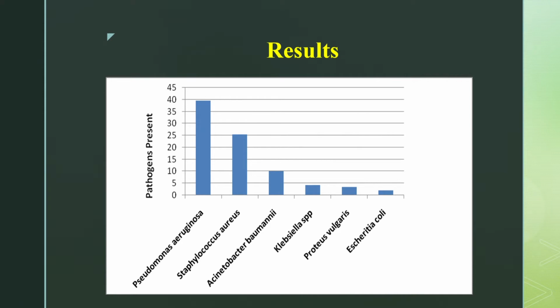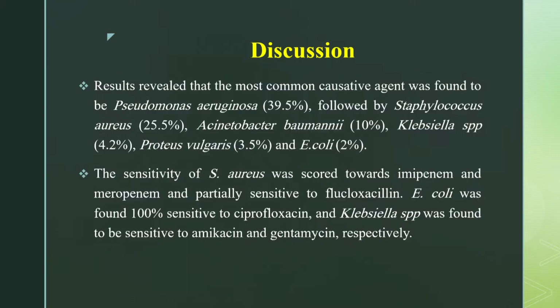Here we can see the most common pathogen present in the burn tissue is Pseudomonas aeruginosa, which represents 39.5%, followed by Staphylococcus aureus with 25.5%, then Acinetobacter pneumoniae at 10%, Klebsiella at 0.2%, then Proteus vulgaris 3.5%, and finally E. coli at 2%.